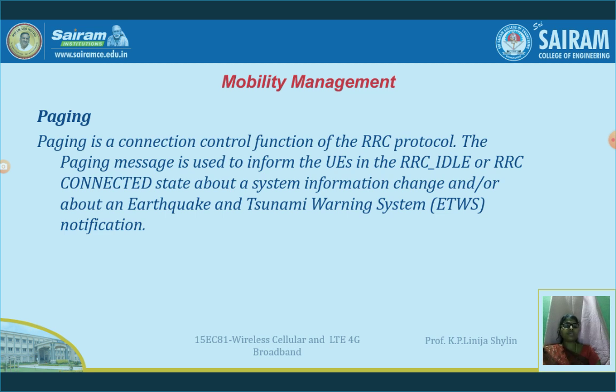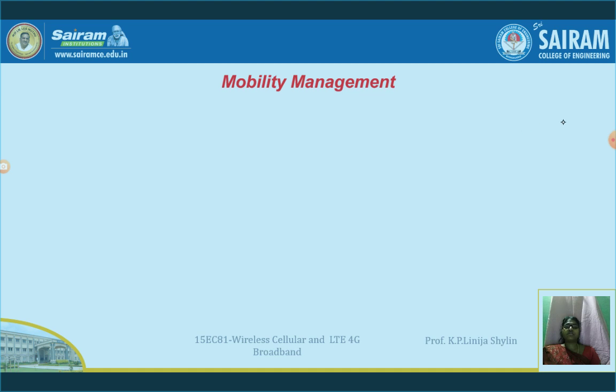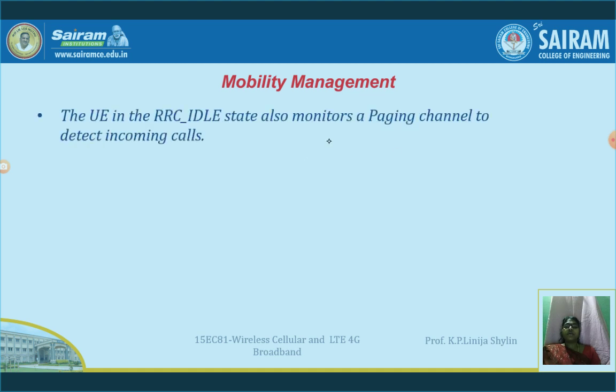What do we mean by system information change? For example, an earthquake or tsunami warning system notification. The paging information is also used to monitor a paging channel for incoming calls.